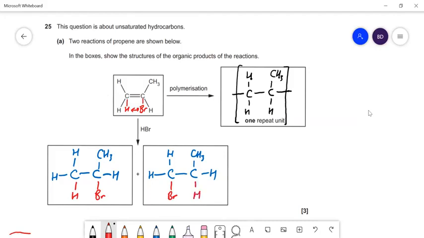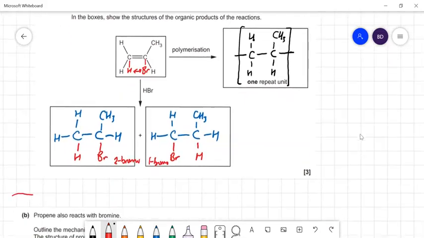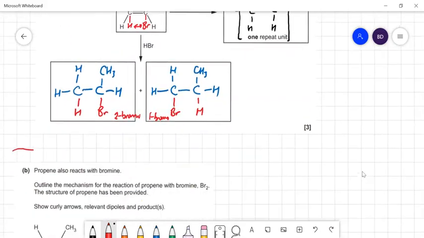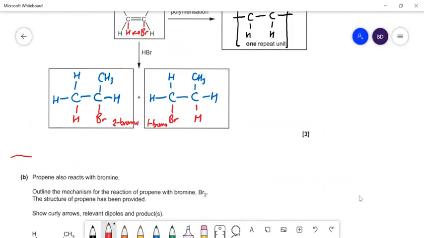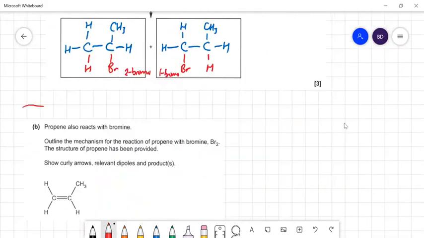And those two things are different. Those molecules are not the same, are they? One is 2-bromopropane. That's this one here, 2-bromopropane, and the other one is 1-bromopropane. And you probably remember, you get more of the 2-bromo. That's a major product.